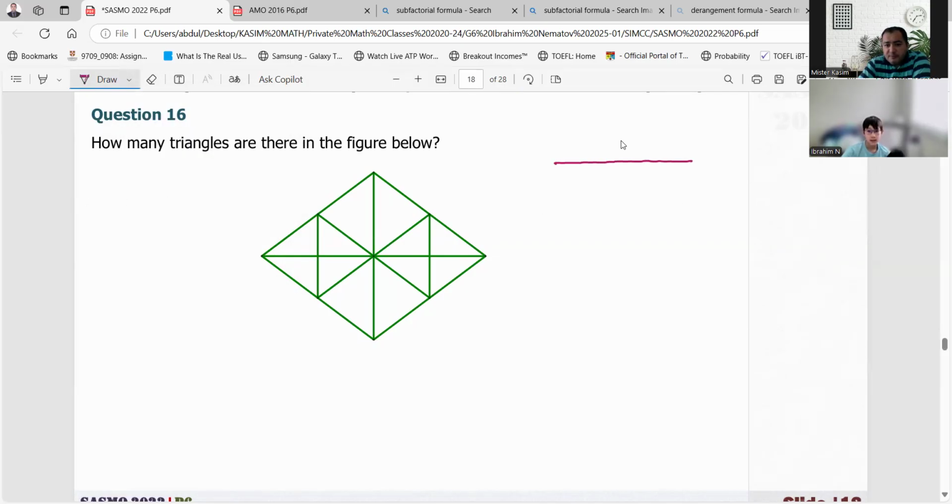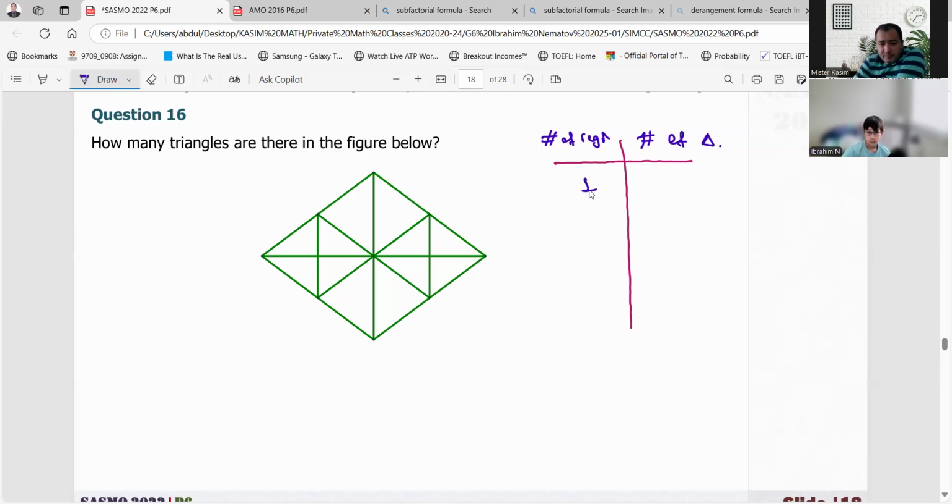First, make a table, okay, and here, let me just write here number of regions, and the number of triangles. Now let's count the number of triangles which consist of only one region.